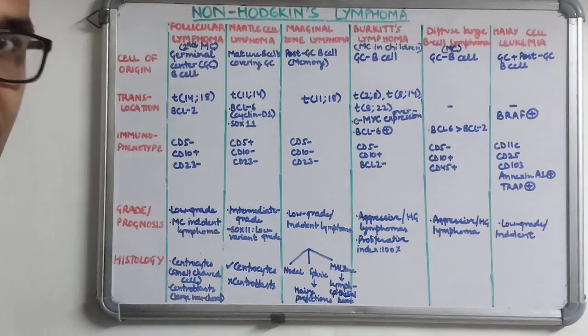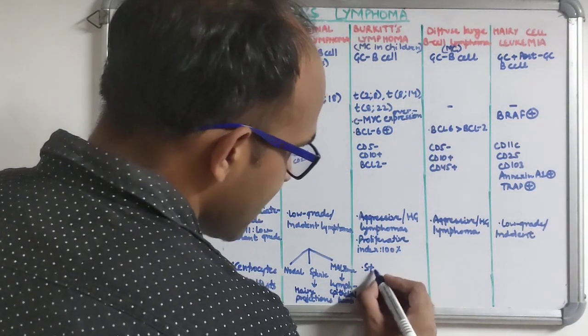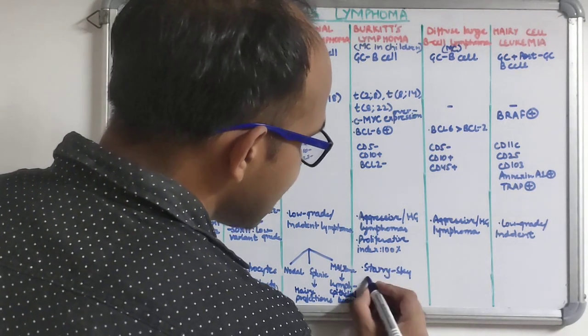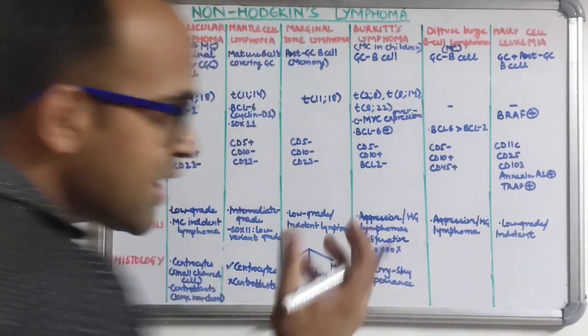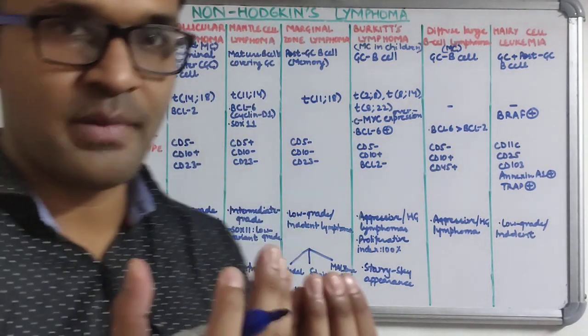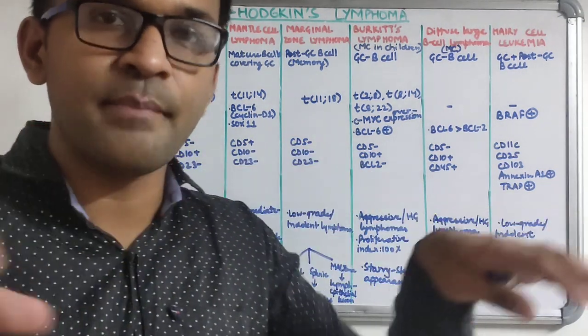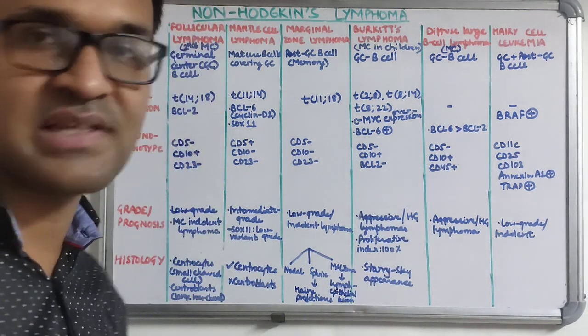Now in Burkitt's lymphoma, all of you are well versed with the starry sky appearance. Why does this starry sky appearance occur? The tingible body macrophages, which have pale cytoplasm, are scattered in a background of blue tumor cells. So they give an appearance of a starry sky.